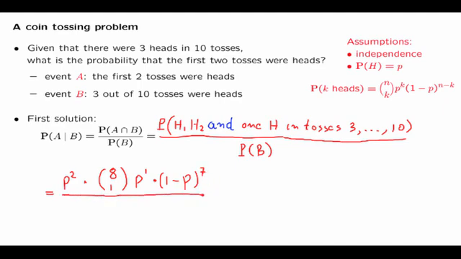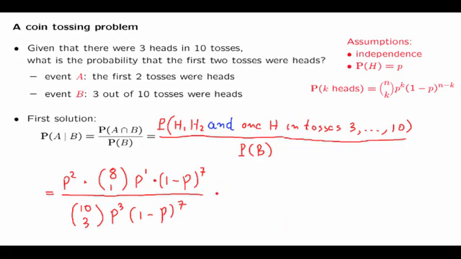The denominator is easier to find. This is the probability that we had 3 heads in 10 tosses. So we just use this formula. The probability of 3 heads in 10 tosses is 10 choose 3, p to the third, times 1 minus p to the 7th power.